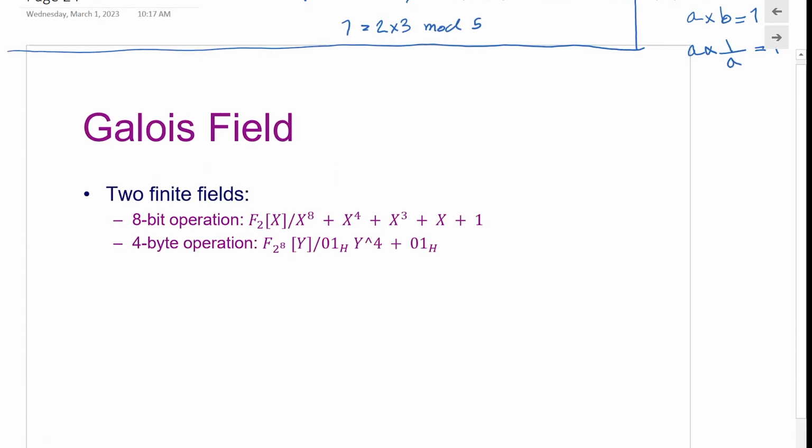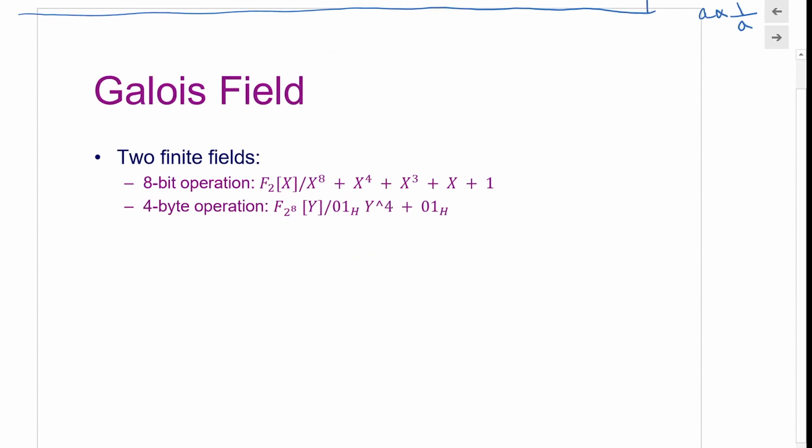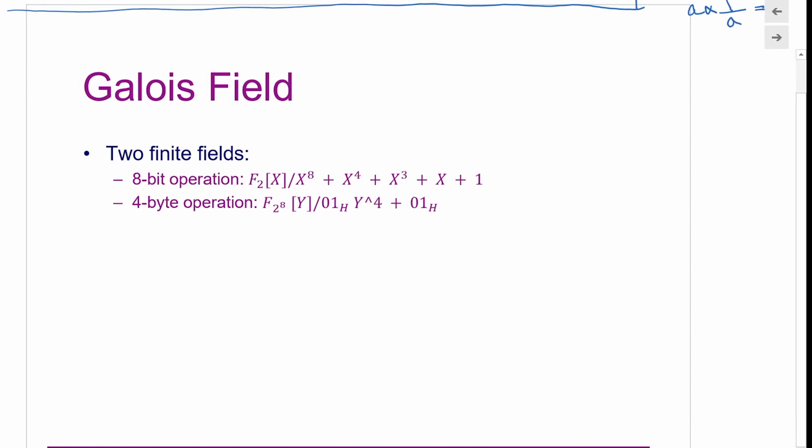We have maybe seen this group of integers, and we have worked on those different groups or sets of integers, or integers mod some prime number p or large n. But it is also possible to define this mod operation on polynomials. That is the idea that we are going to use in AES, known as Galois fields.